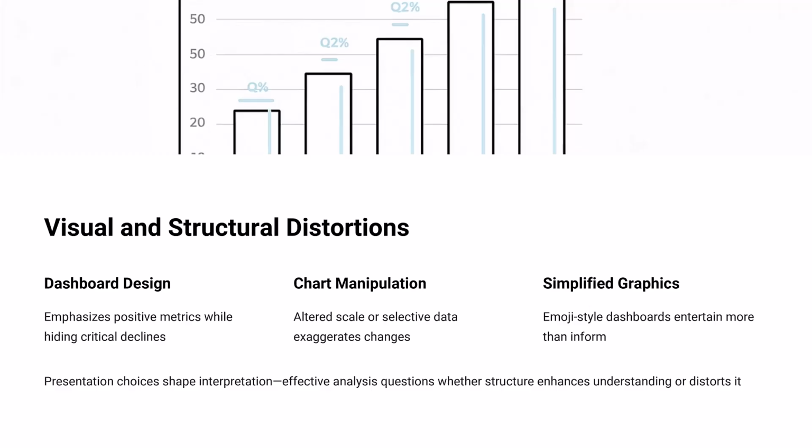Presentation choices shape interpretation, whether intentionally or not. Effective analysis requires asking, does the visual structure enhance understanding or distort it? Does this format help me see the complete picture, or does it guide my eyes towards certain conclusions while obscuring others? Accountants must be aware of how design decisions influence the story being told.